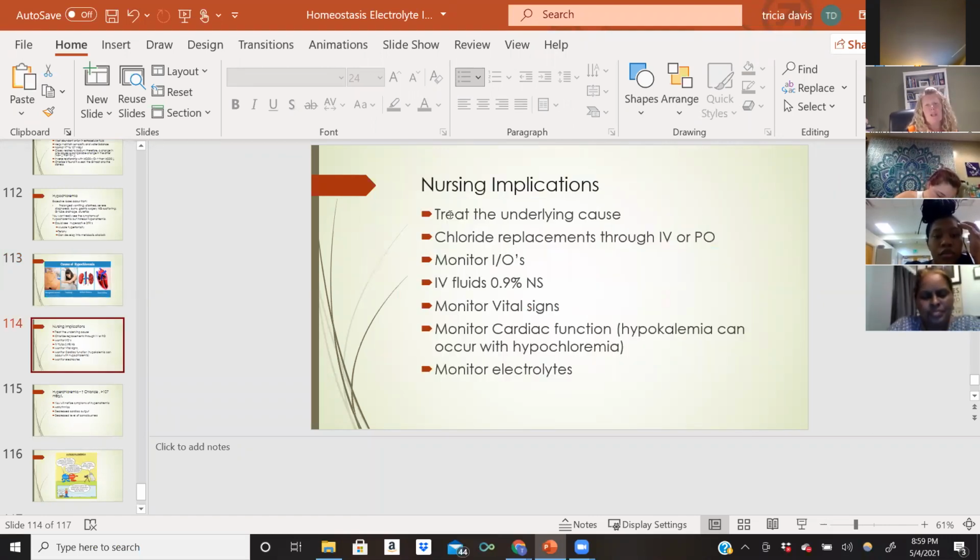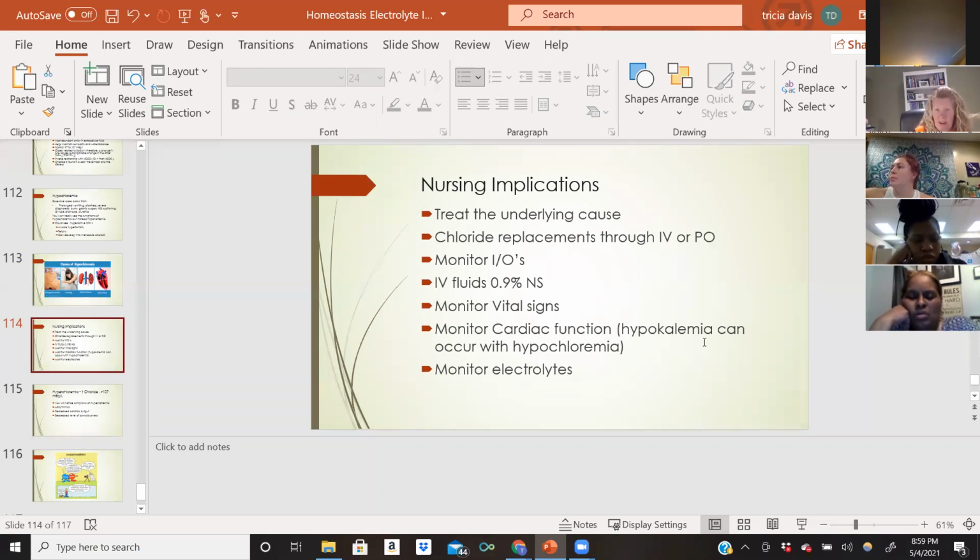Nursing implications, we're going to want to treat whatever the cause is. We can fix it. We can put things back to where they need to be. We're going to give chloride replacements. We can do this through IV or PO. We're going to monitor their I's and O's, everything they take in, everything they put out. We can give IV fluids. Normal saline is usually what we give. Monitor those vital signs.